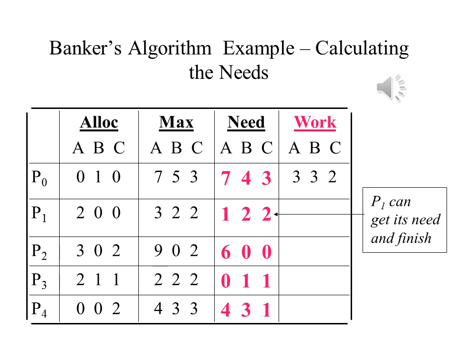When we finish, we see that P1 can get everything that it may need, so it will run through completion.